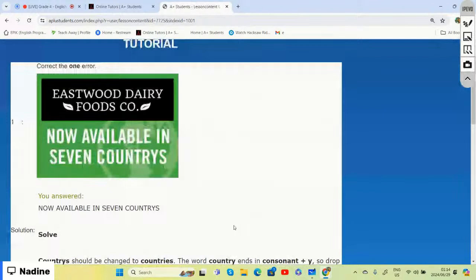So this is maybe a sign of a dairy company or food company. It's like they're advertising the company, and they're saying now available in 7 countries. Look at the wording of the sign. What word can you identify within that sign that is incorrect? What error do you pick up when you look at that specific sign?